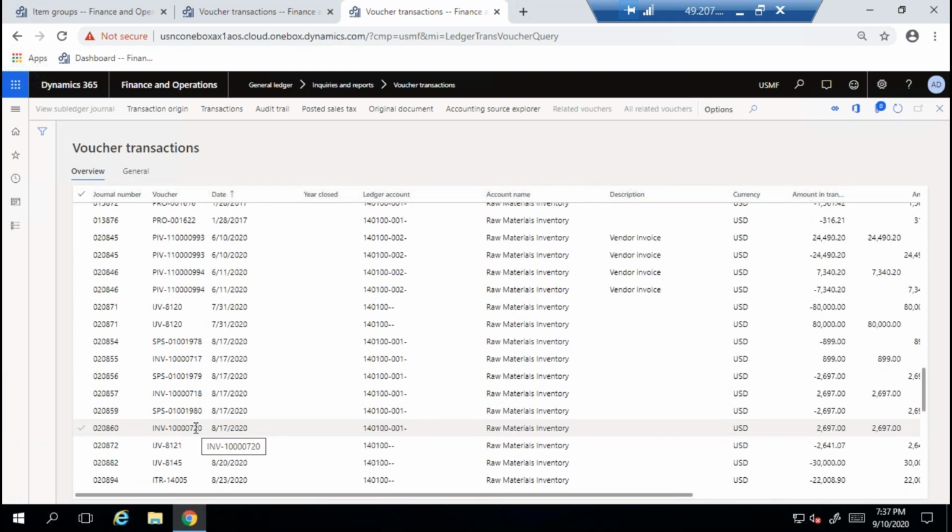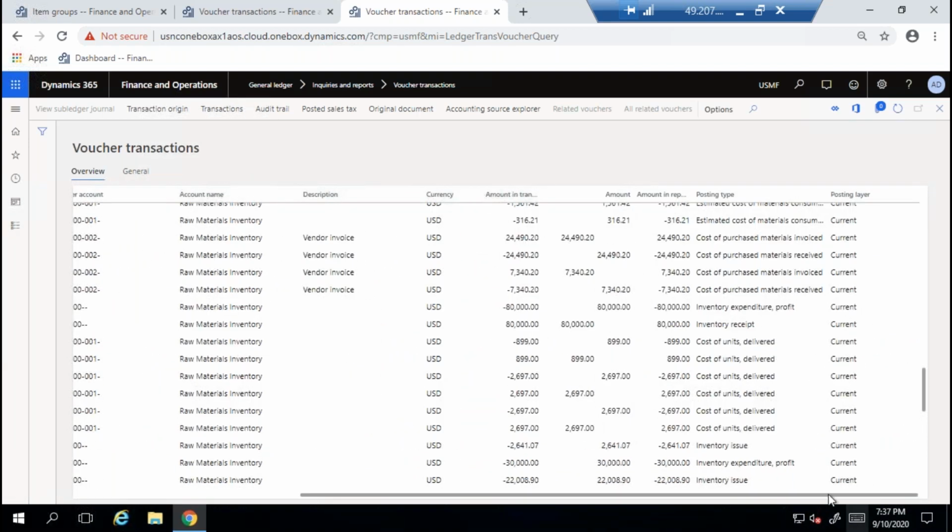If you scroll further to the right, I want to bring in these amounts. Let us say I would like to add a customized column showing the sum of all charges related to the specific invoice.